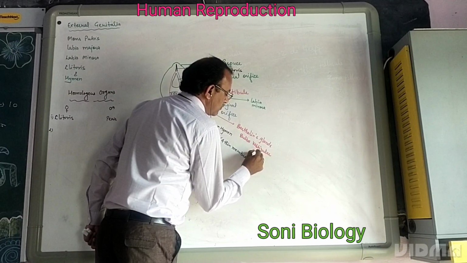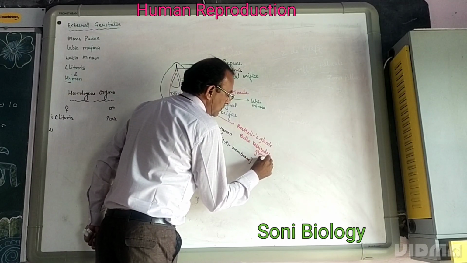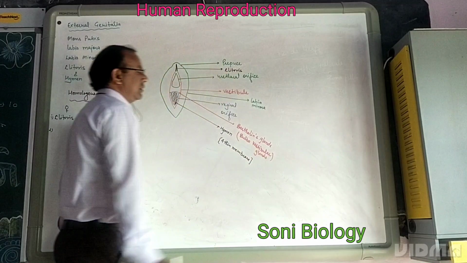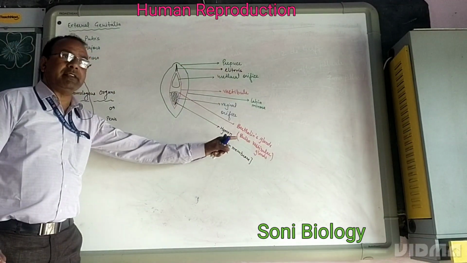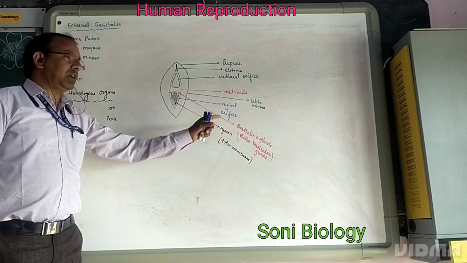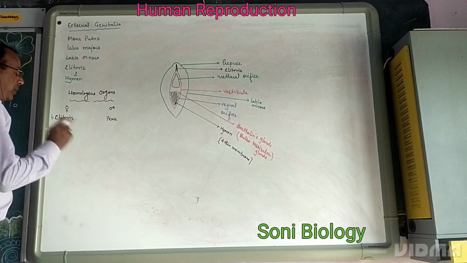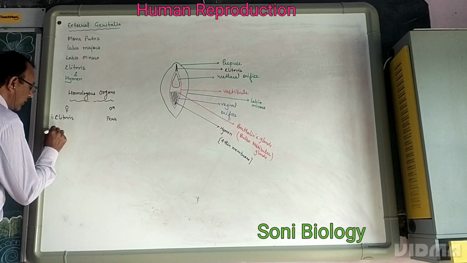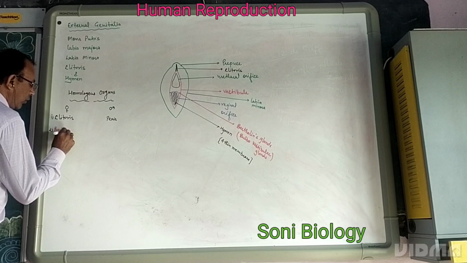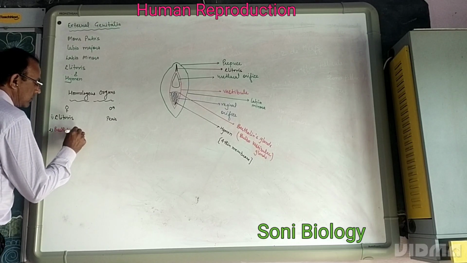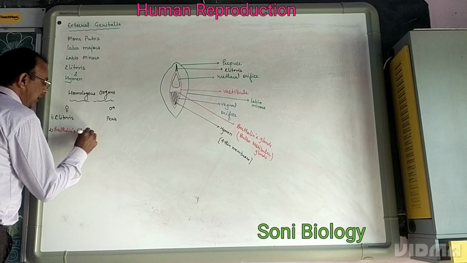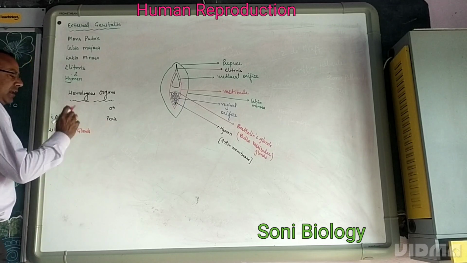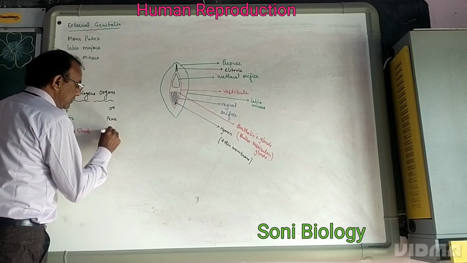This Bartholin gland is homologous to the male's Cowper's gland. In female, Bartholin gland, and in male, Cowper's gland.